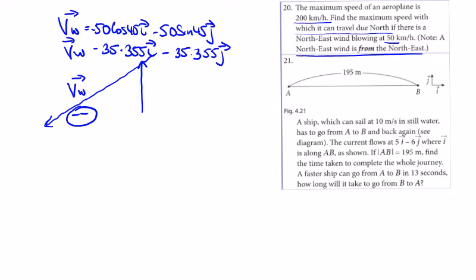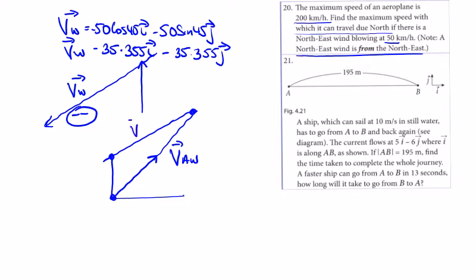So the plane needs to fly due north. It's going to have to fly in this direction to go this way, and the velocity of my wind is coming down in this direction here. So this is my diagram. It looks something like this. The velocity of the airplane relative to the wind.